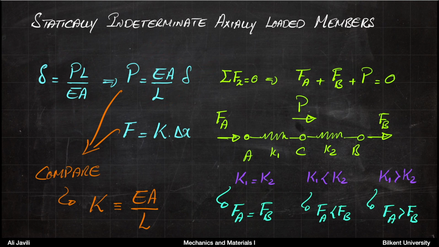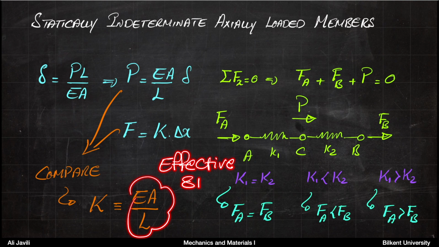Now, if you compare that with springs, you can actually see that the parameter EA over L plays like an effective stiffness of the member. Okay, so we can think of this as effective stiffness.